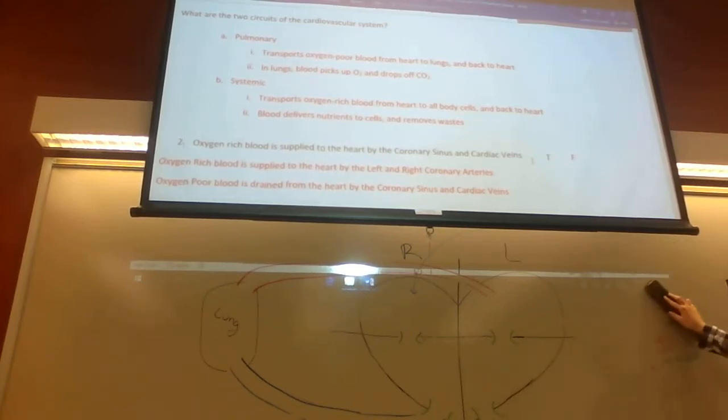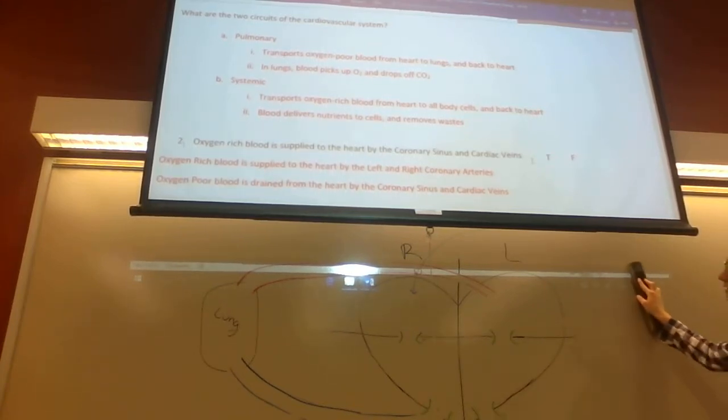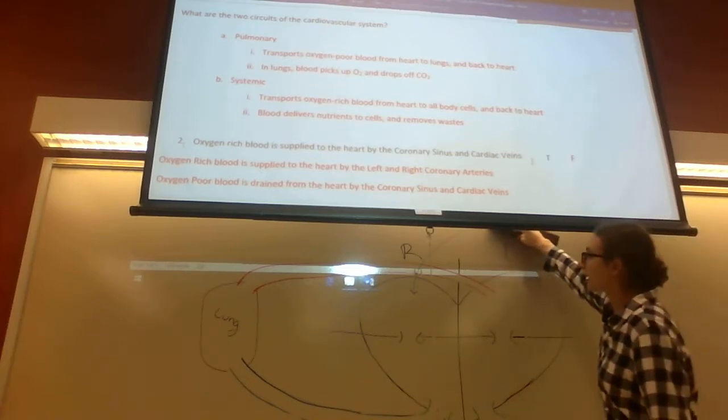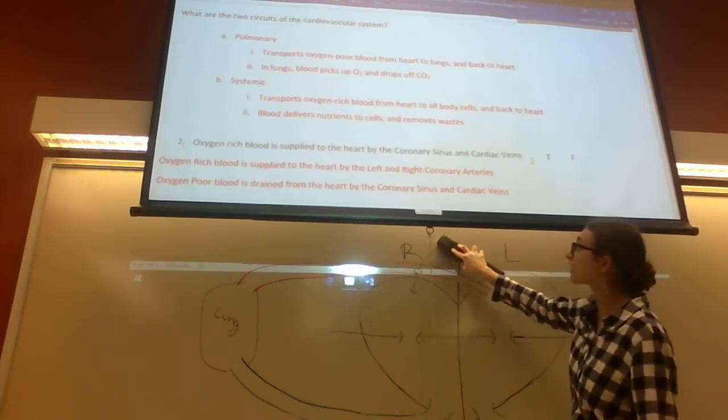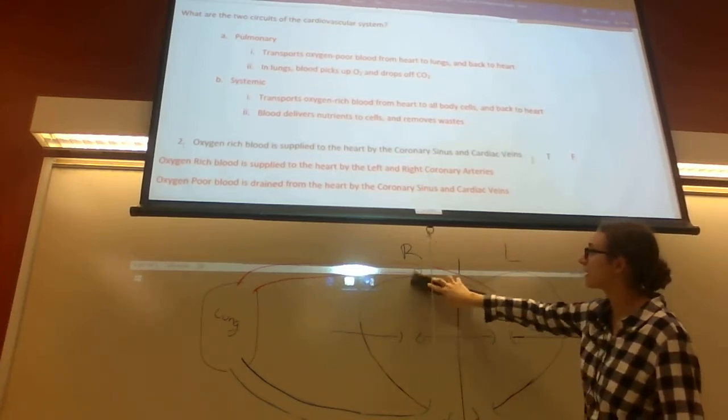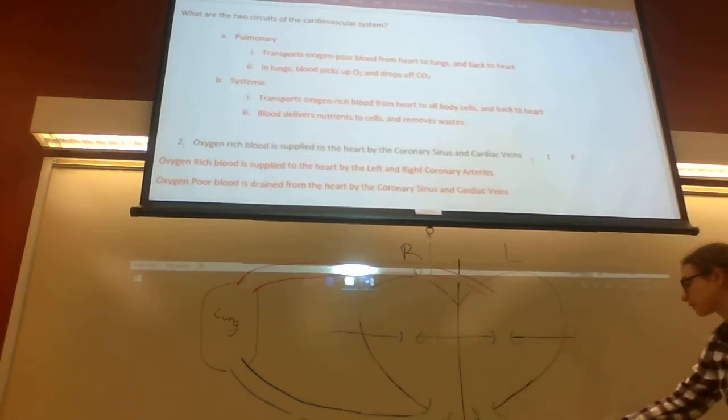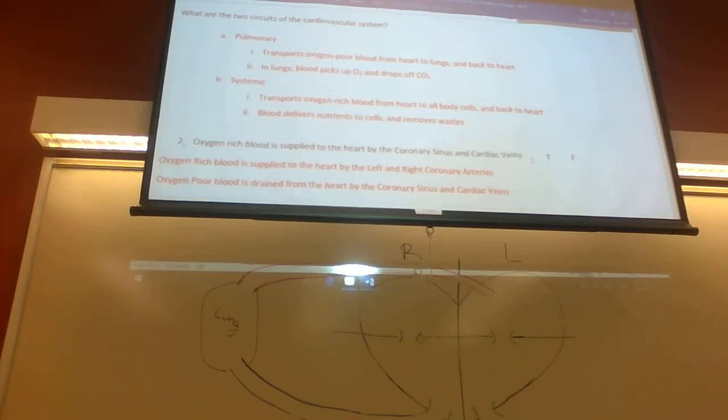The next one is a true-false statement. It says oxygen-rich blood is supplied to the heart by the coronary sinus and the cardiac veins, and this is false. Oxygenated blood is supplied to the heart by the left and right coronary arteries. So that's how the heart muscle, the heart tissue, gets oxygen: through the coronary arteries. You hear about coronary artery disease, where the heart isn't getting enough oxygen.